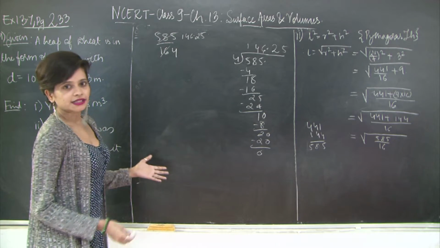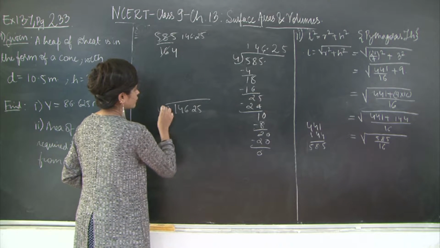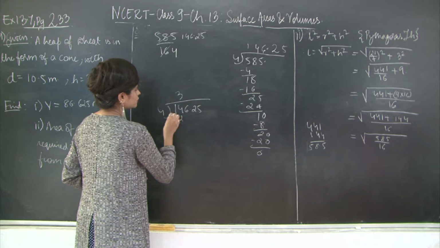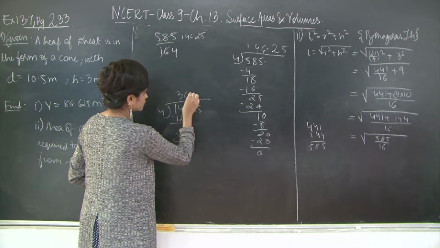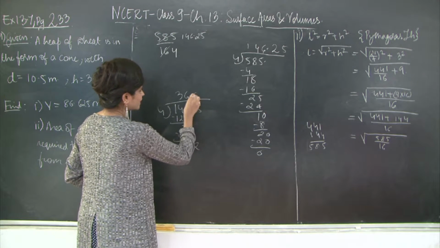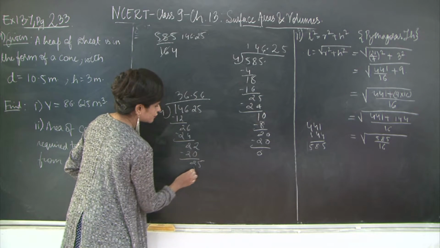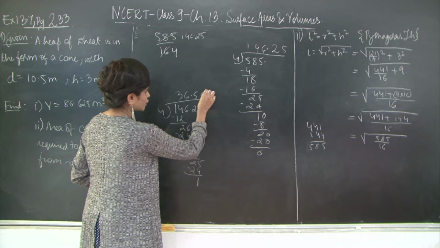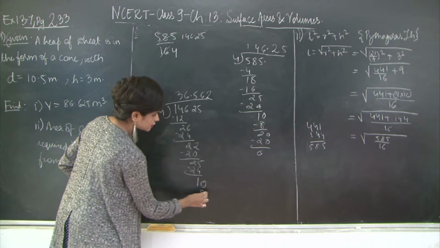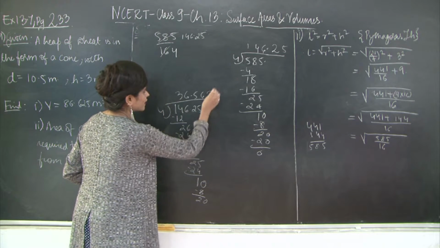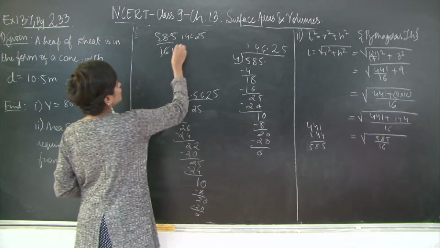Now let's check 146.25 divided by 4. So 4 3s are 12, 4 6s are 24, 4 5s are 20, 4 6s are 24, 4 2s are 8 and 4 5s are 20. So this is 36.5625.